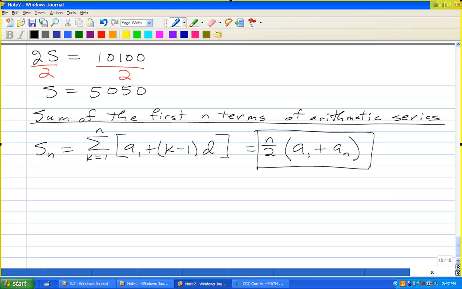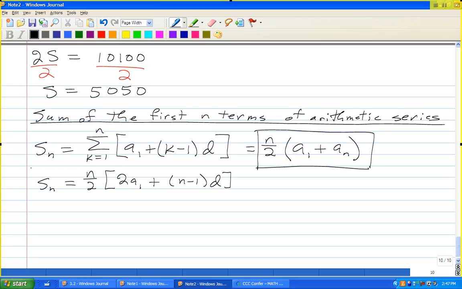Now, we also have that a sub n, since a sub n is a term in an arithmetic sequence, is just equal to a sub 1 plus (n minus 1)d, just like what we had above.